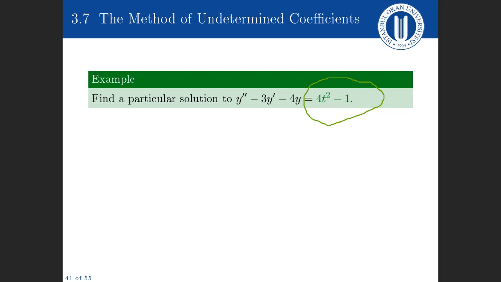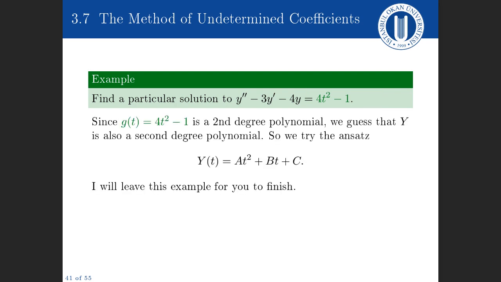This is a polynomial, a second degree polynomial. So it's reasonable to guess that our particular solution must also be a second degree polynomial. So the guess we're going to take is at squared plus bt plus c for some constants a, b, and c. I'll leave this example for you to finish.